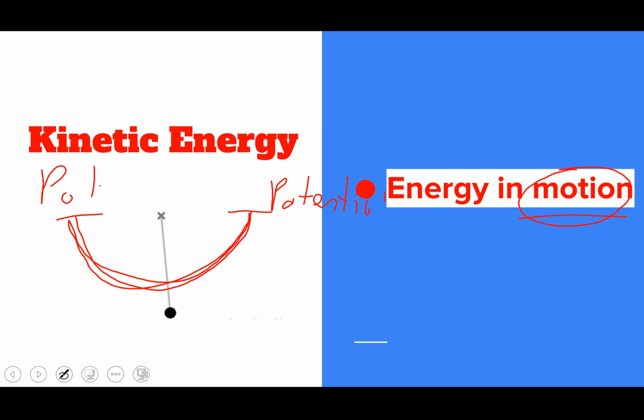So potential energy is greater as it gets higher. When it gets lower, it starts to speed up. As it gets lower in its route, it starts to speed up, and therefore it has more kinetic energy at the bottom. So as you can see, kinetic and potential energy can transform from one to the other. Potential can go to kinetic, and kinetic can go back to potential.